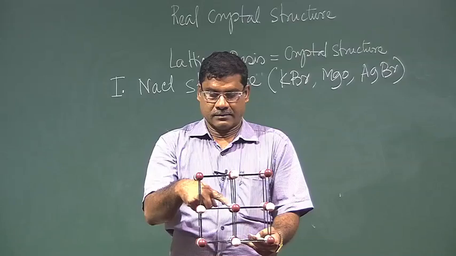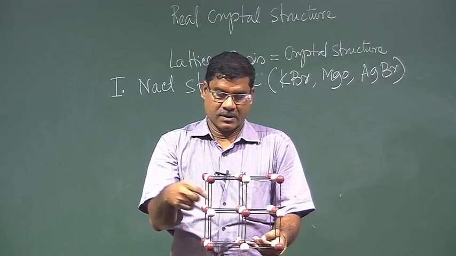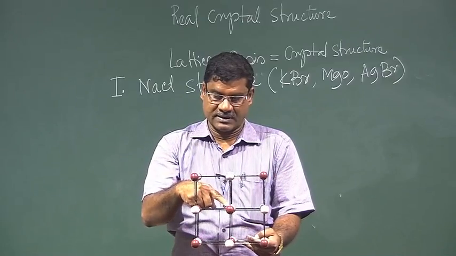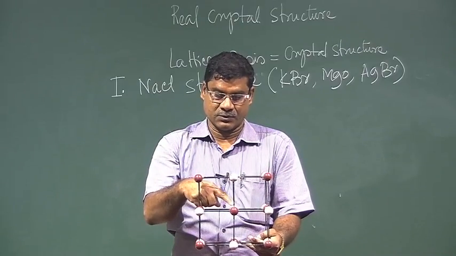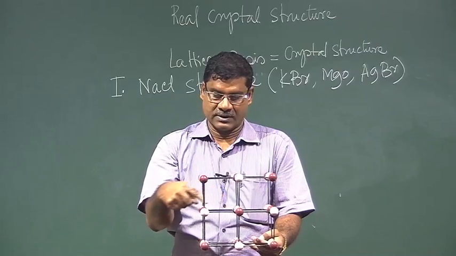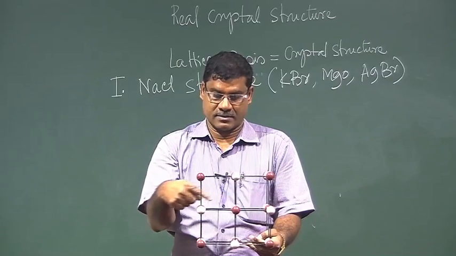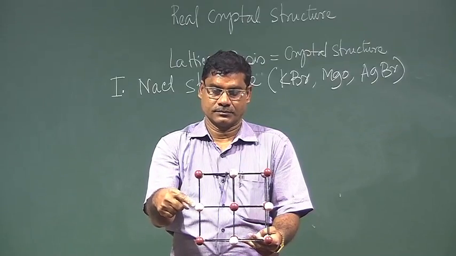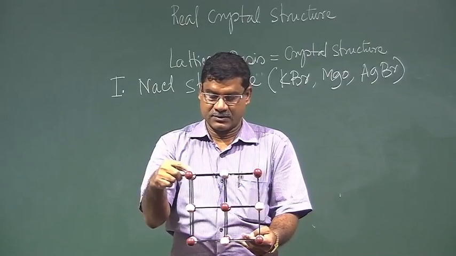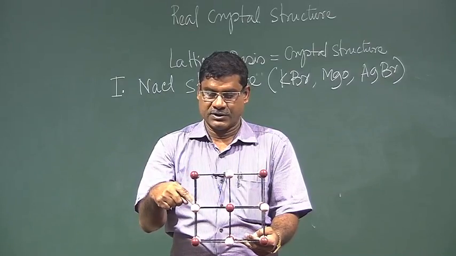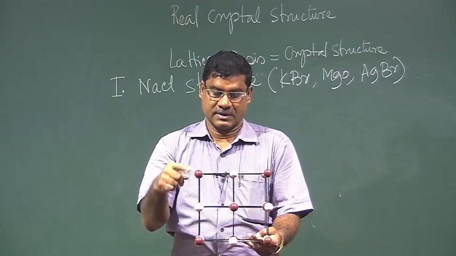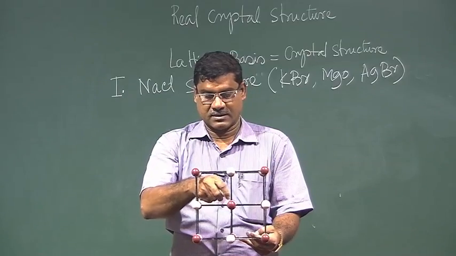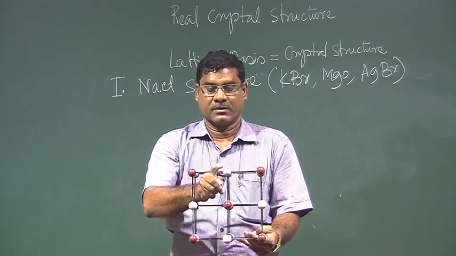Choosing the axis here, if I go to the next sodium, I will get half, half, 0. Then I can get this one half, 0, half. Then for this one, 0, half, half.